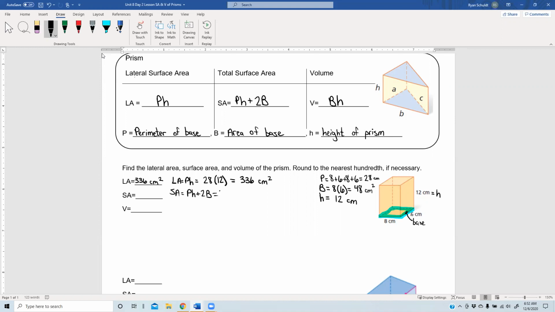Well, we said P was 28, h was 12, and 2 times the area of our base is 48. So if we calculate that, we would get 432 centimeters squared. So there's our total surface area.